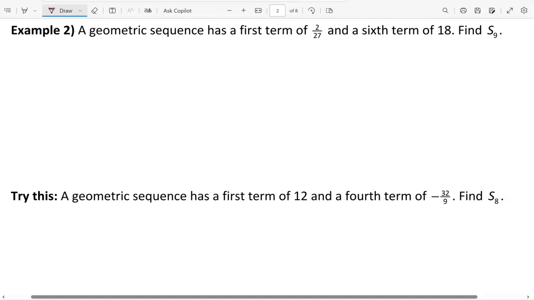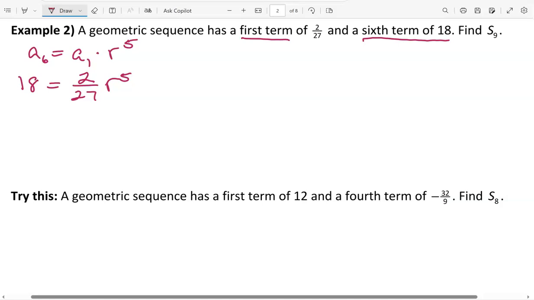In example 2, we do have the first term given to us, which we need for the sum formula, but we don't have the common ratio. But since we have the 6th term, we can relate the 6th term and the first term. The 6th term is equal to the first term times r raised to the 5th power. So our 6th term is 18, and our first term is 2/27.